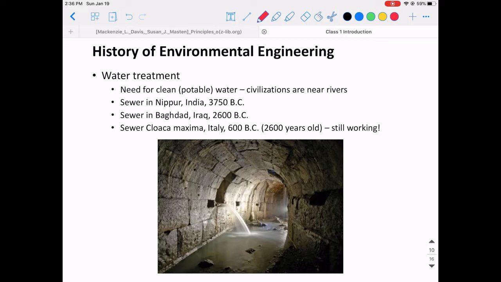Okay, so there is also a sewer discovered in Baghdad, Iraq, around 2600 BC. And I don't have pictures for these two types of sewers, but there's a sewer that's built in Italy called the Cloaca Maxima, and that started to be built in the year of 600 BC, which means that the sewer system is already 2600 years old.